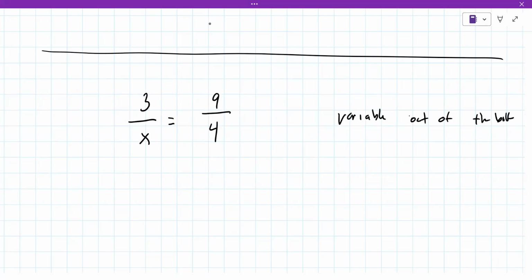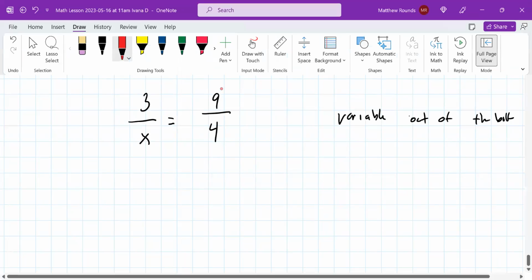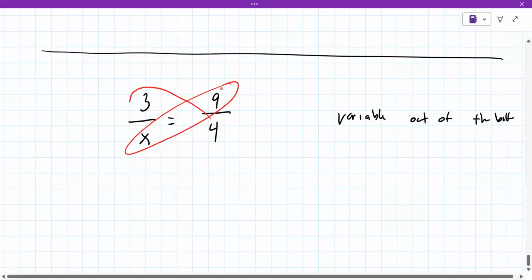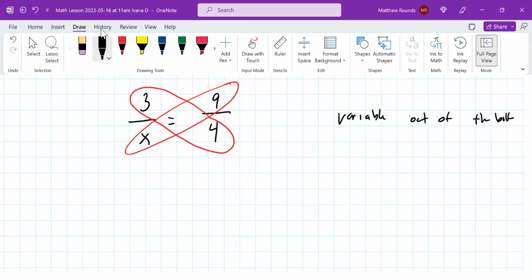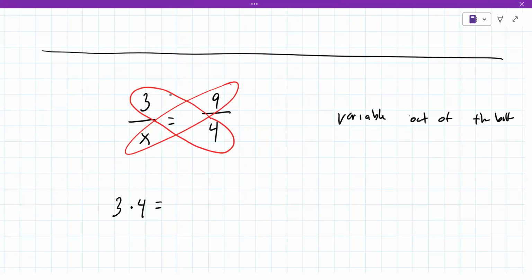I'm going to show you cross multiplying. That's the most common one. They call this a butterfly. In this case, 3 you multiply by 4, and then 9 you multiply by x. So 12 equals 9x.